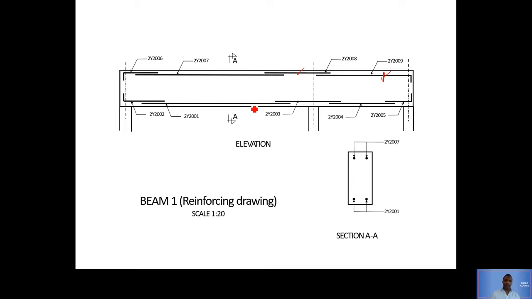We started with the main bar, and then we put the lap bar at the bottom, and then we put the lap bar again on the top. So on each top you should put the lap bars, and then put the top bars right at the bottom of each of the lap bars.